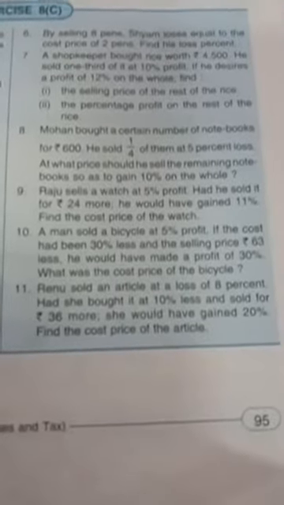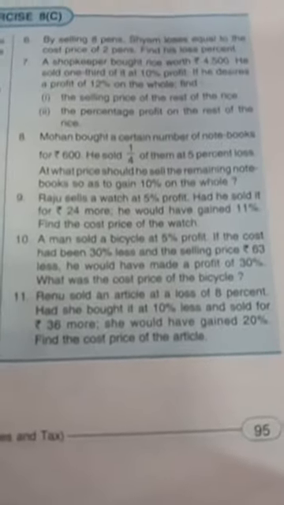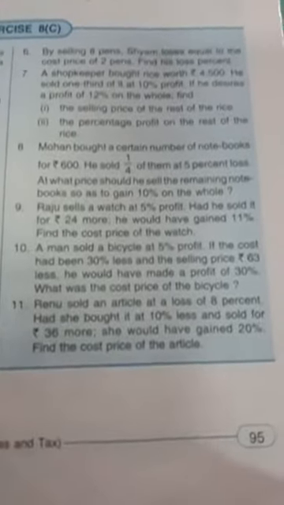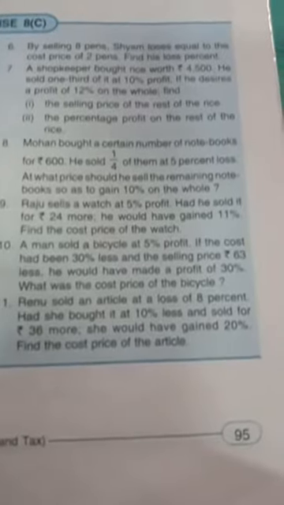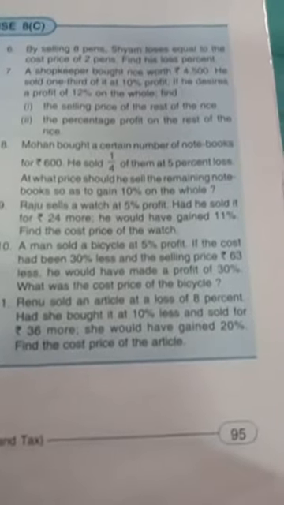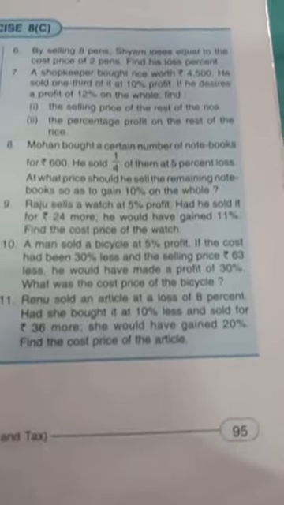Then remaining books are there. At what price should he sell the remaining books to get a profit of 10% for the whole? Okay, for the whole, that we want to find.